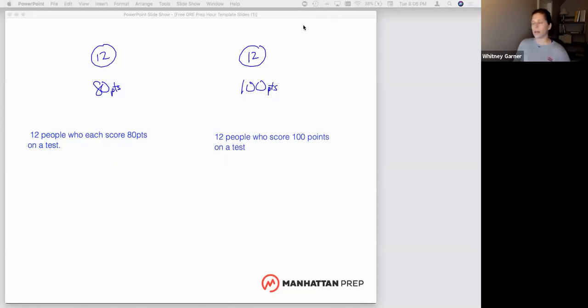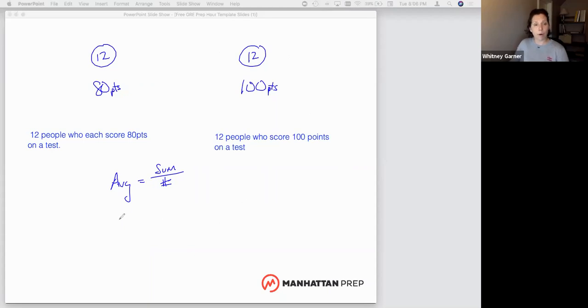What is the formula for the average of any average? How do I find just a simple average? Yeah, so my simple average formula is the sum of everything divided by the number of terms.